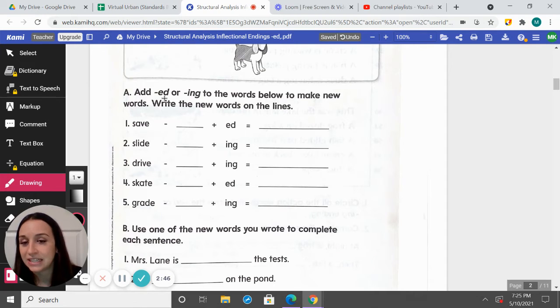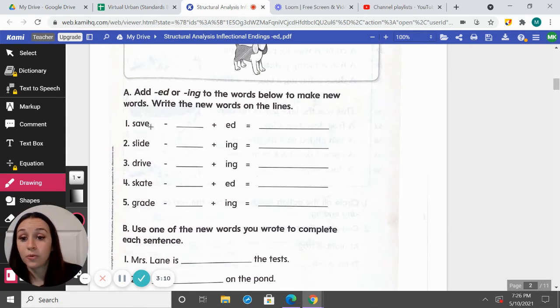So it says add ed or ing to the words below to make new words. Write the new words on the lines. So we have save, and I want us to add ed. So saved, talking about in the past. So we have our root word save, and we're adding our ending ed. But what do you know? This is our silent E, right?